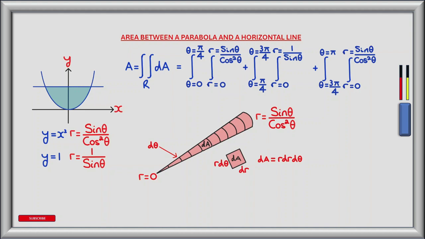And in the third, the lower limit was at r equals 0, and the upper limit was at r equals sine theta divided by cos squared theta. And in each case, we're summing infinitesimally small pieces of area, dA, which translates to r dr d theta.